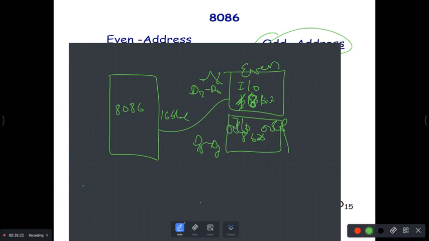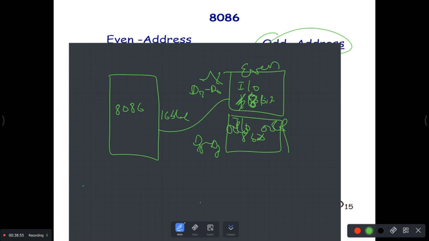That means this particular IO device will have an even address and this one an odd address, so it will read 16-bit data at a time from the even and odd addresses. This is the way you can use even and odd addresses to get 16-bit data. But remember, if that 16-bit data is coming from one device, do you need even and odd addresses?